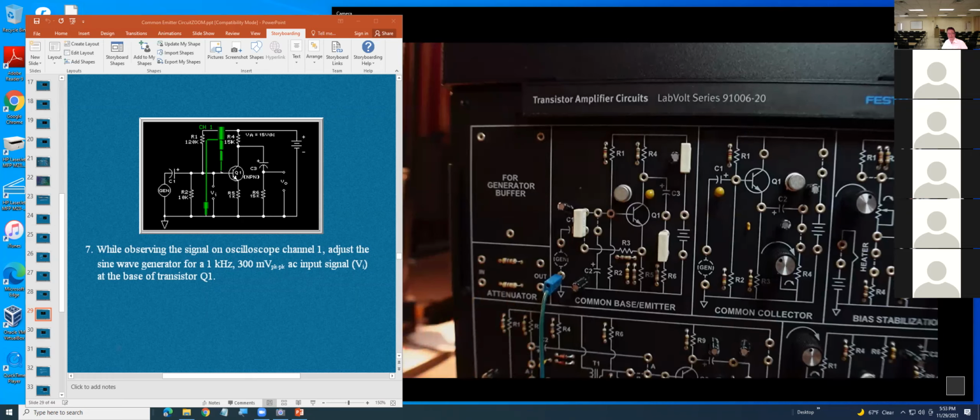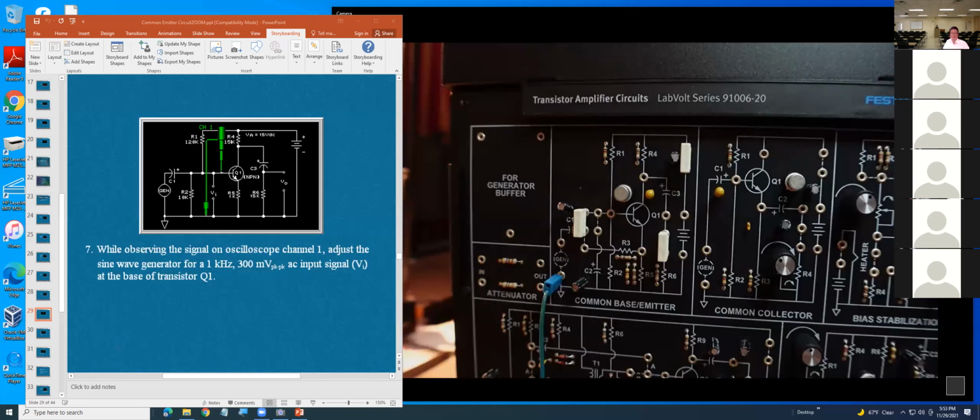When they designed the Lab-Volt, they already knew the generator cannot give you 100 millivolt peak to peak or 150 millivolt or 200 millivolt. So that's why they're adding this circuitry here, so the voltage will be divided.